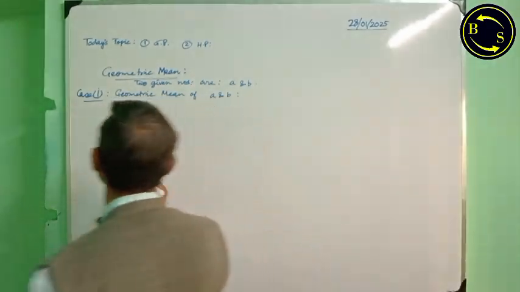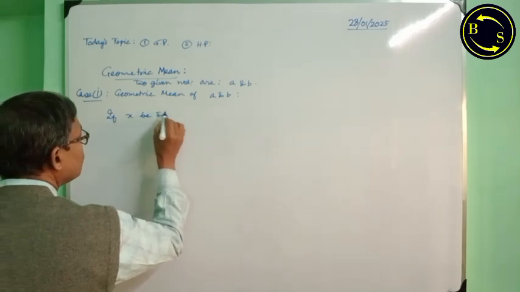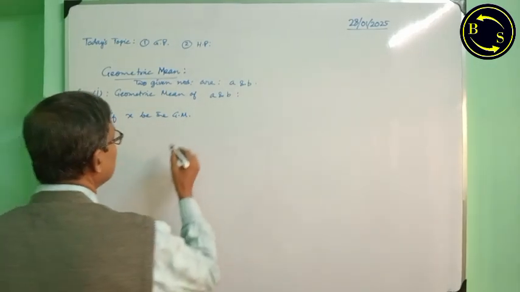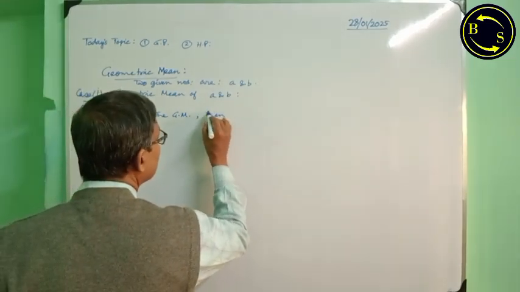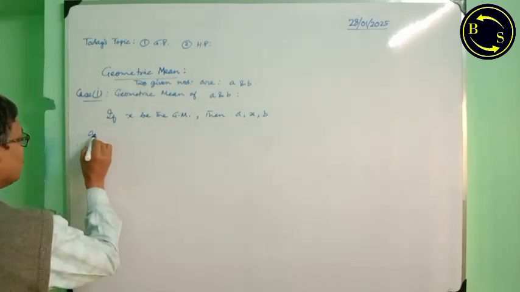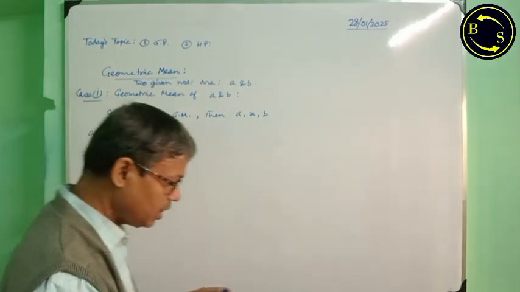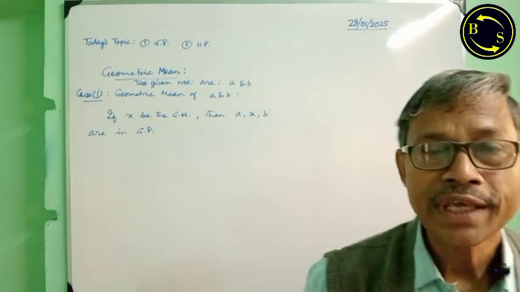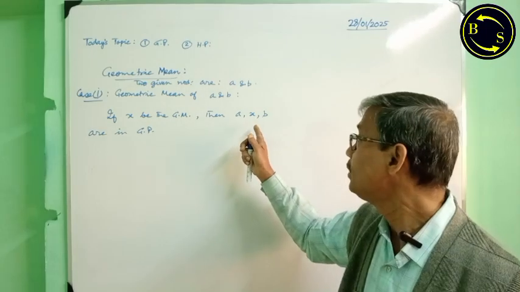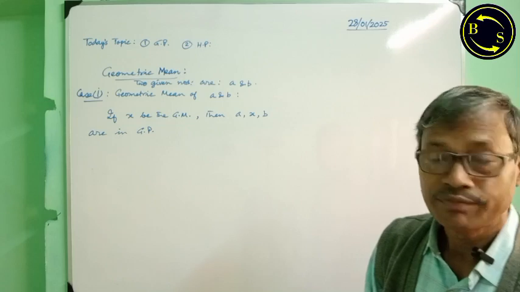If X be the, we write in short form GM, geometric mean, then A, X, B are in GP. If X be the mean of A and B, or in between A and B, then it will lie between A and B, then A, X, B will be in GP.